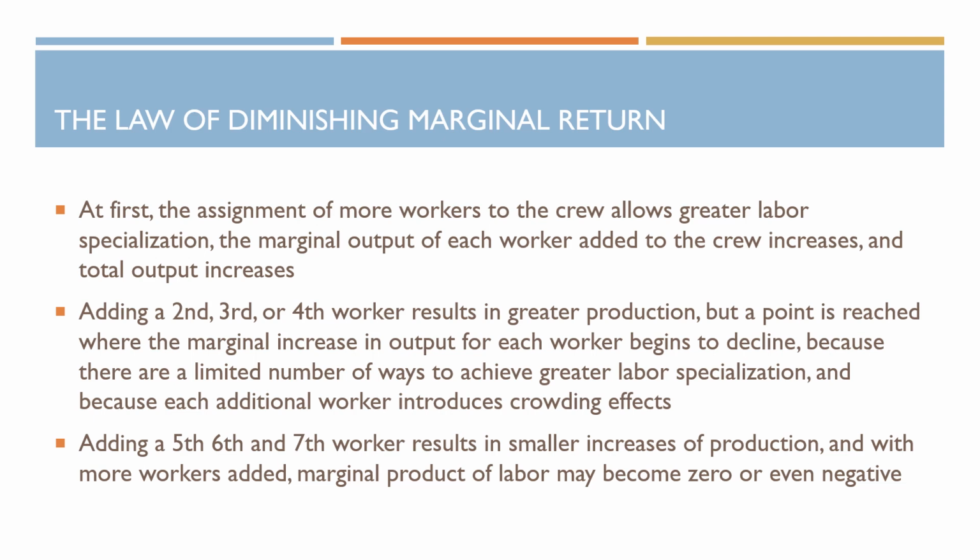But at some point, you are going to see production slow down a little bit by hiring one additional worker. And at some point, you might even see a decline of total production when we are employing too many people, which is what we call the crowding effect.